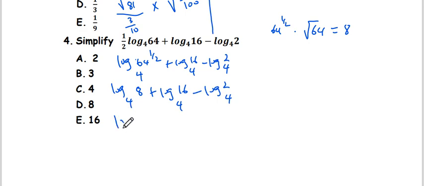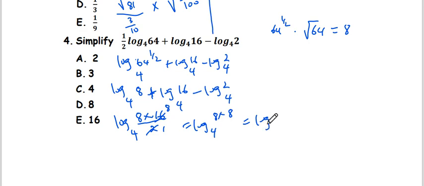So this becomes log base 4 of, this addition changes to multiplication, 8 times 16, and this subtraction changes to division, divided by 2. So 2 into 16 is 8. That's log 8 times 8 base 4.